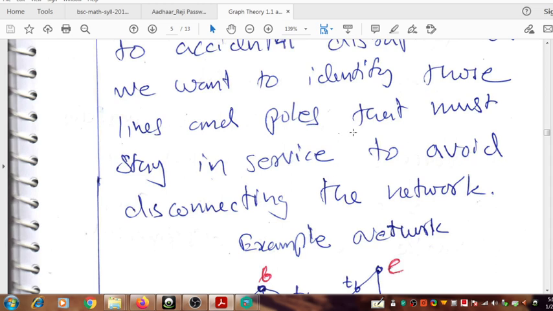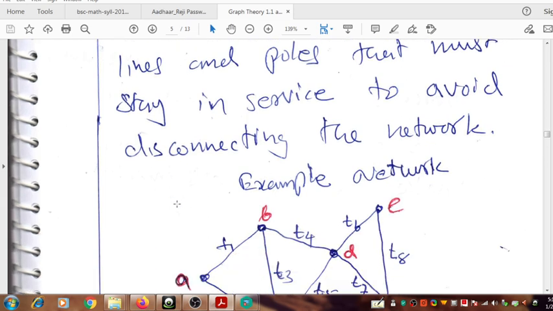So this is the basic main question: those lines and poles that must stay in service to avoid disconnecting the network.